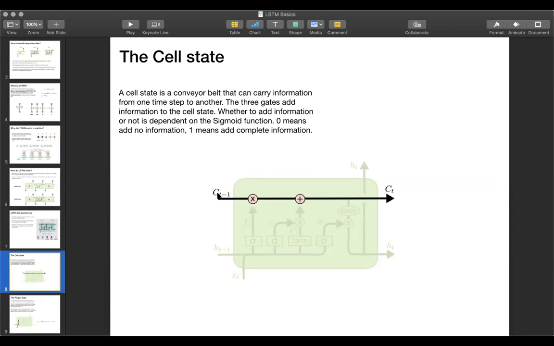In an LSTM cell, the cell state is represented by C, and C(t-1) is what is fed into the next time step of the same LSTM cell. Based on some computations inside the LSTM, it gives out C(t). We'll go through those computations, but the purpose of all the different gates is to write information on this particular conveyor belt.